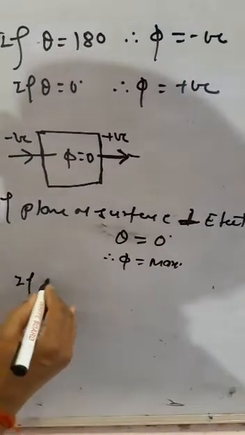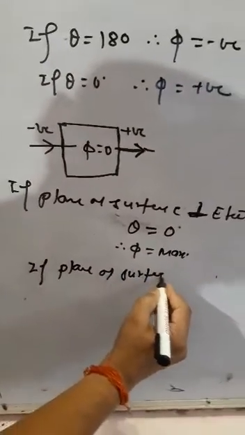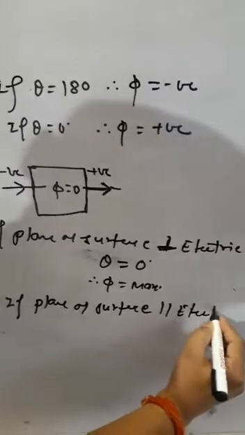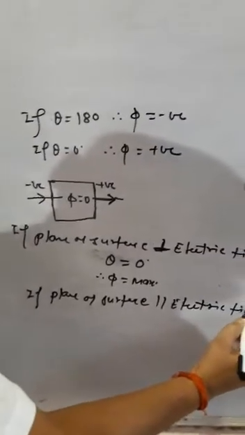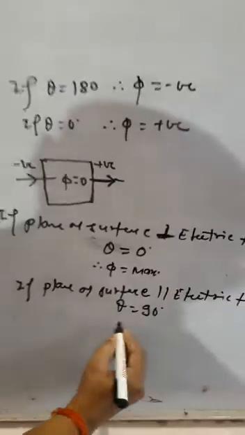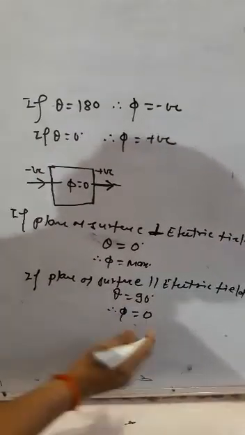And if the plane of the surface is parallel to the electric field, then theta equals 90 degrees and flux phi equals E dS cos 90, which is equal to 0.